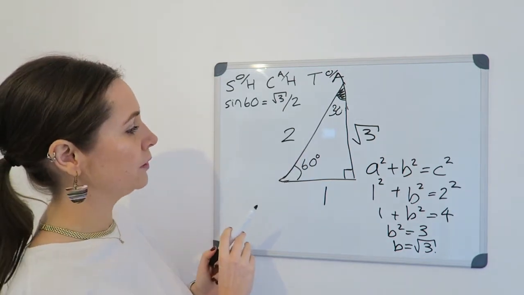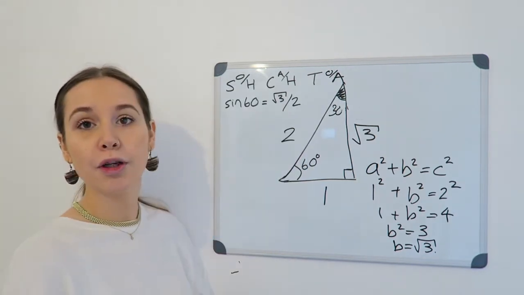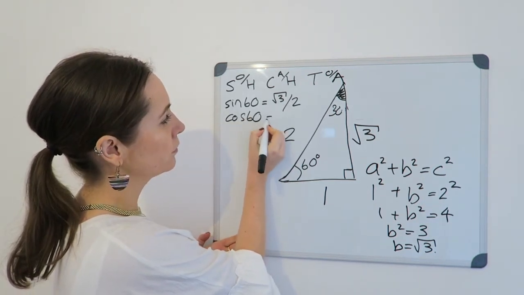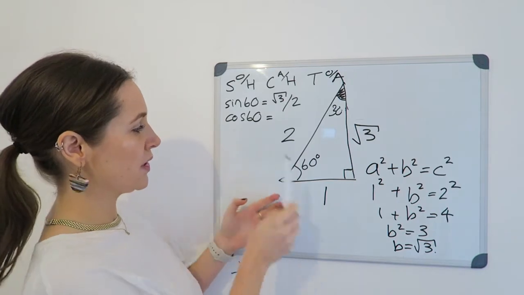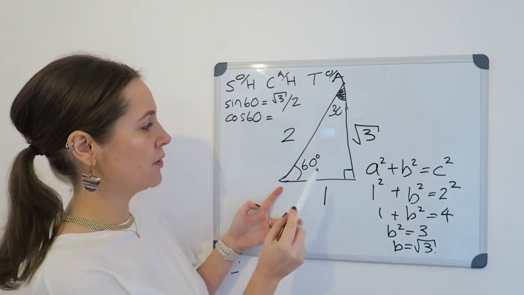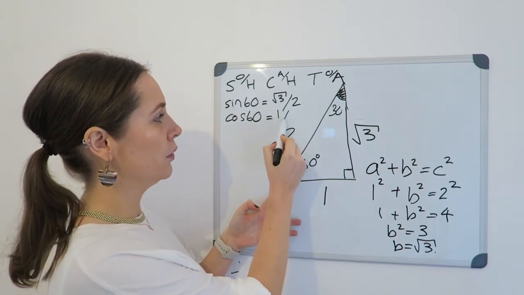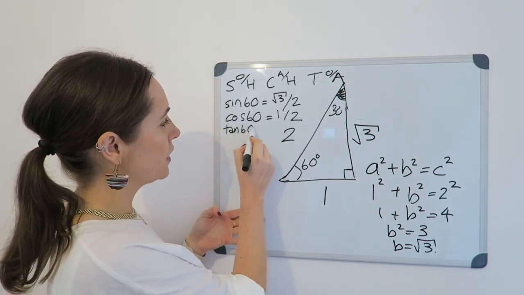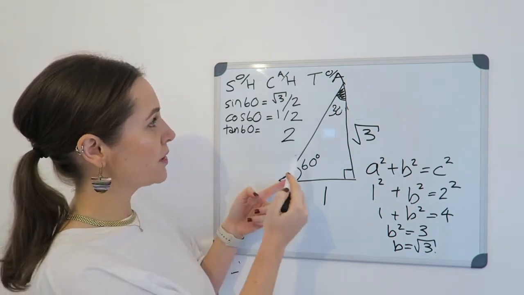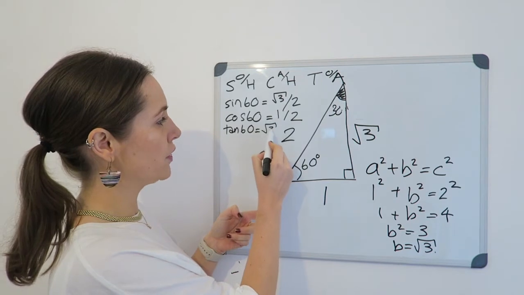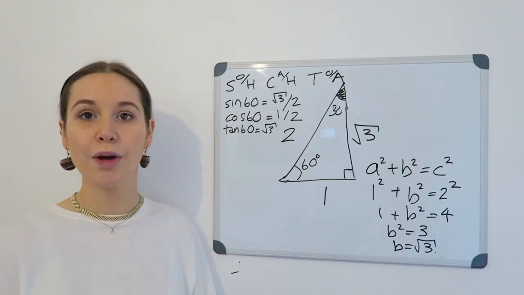And from this triangle, we can now go ahead and work out what cos of 60 is. So, cos of 60, coming from here again, is the adjacent divided by the hypotenuse, so 1 divided by 2. And tan of 60 is equal to opposite divided by adjacent, so that's just root 3 divided by 1, which is just the square root of 3.